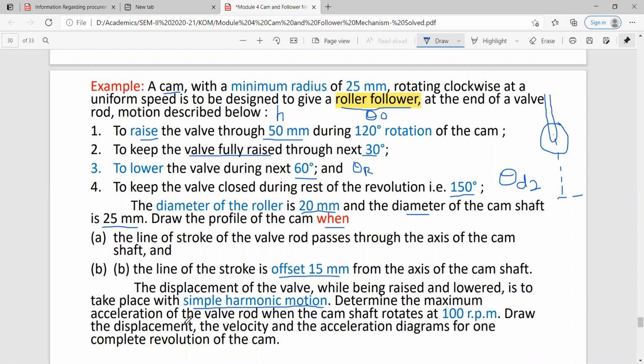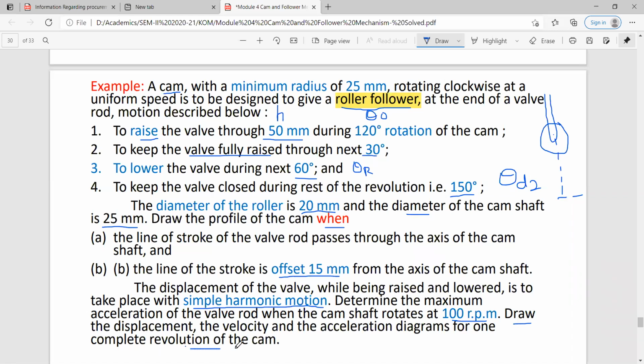Determine the maximum acceleration of the valve rod when the camshaft rotates at 100 rpm. We already have the formula for calculating the maximum acceleration during simple harmonic motion. We will use that formula. You just note down that rpm is 100. Draw the displacement, velocity and acceleration diagrams for one complete revolution of the cam.